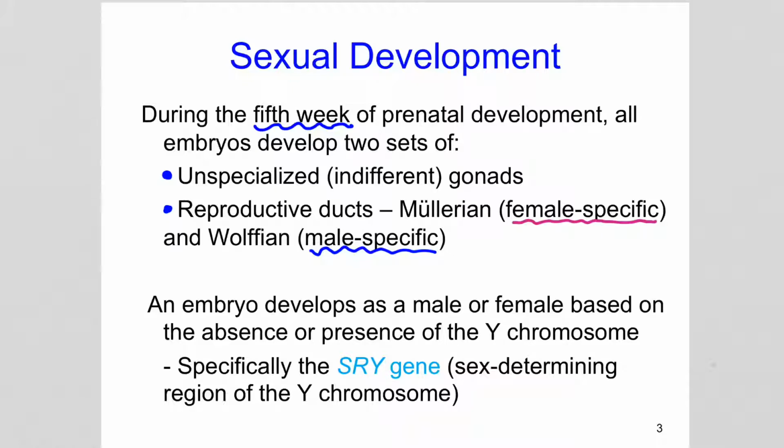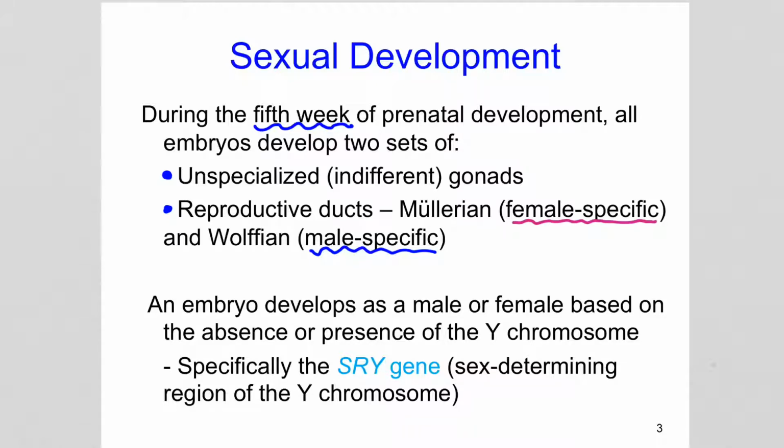So the opportunity for that individual biologically to become male or female lies within the genes on the Y chromosome. So this is all about the fact that really males have a Y chromosome, females don't.